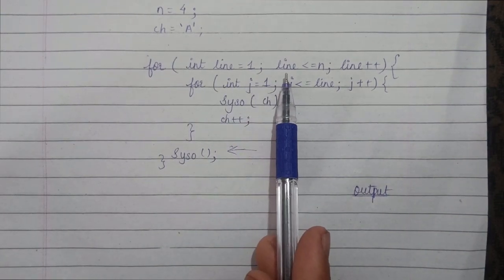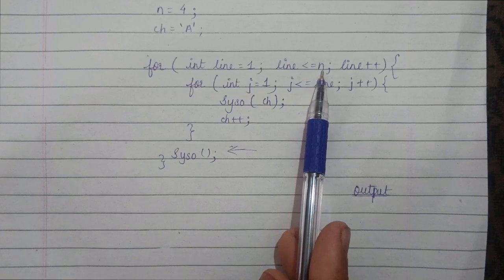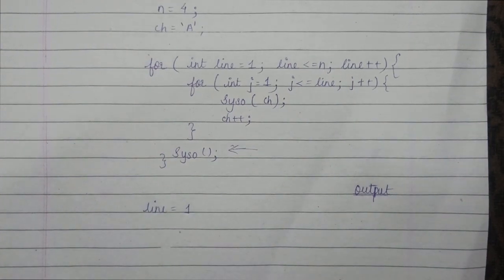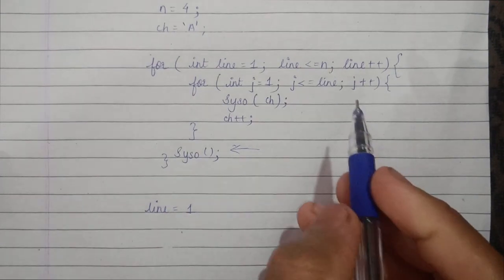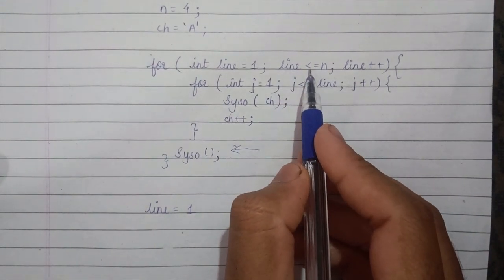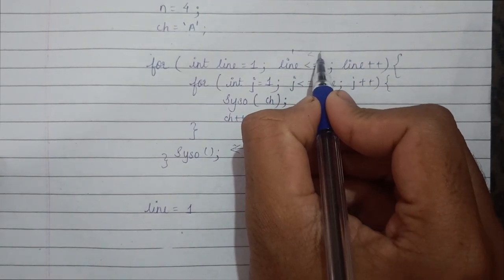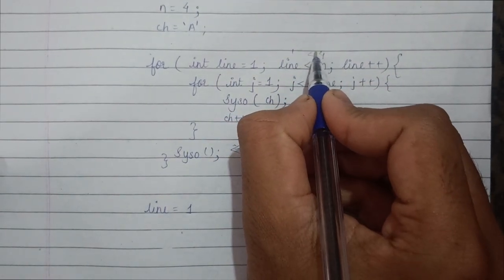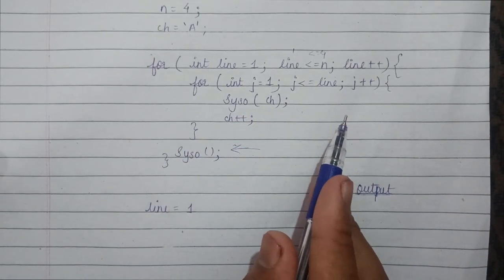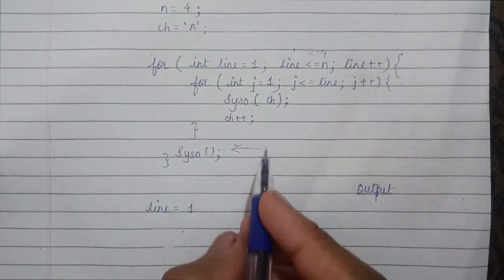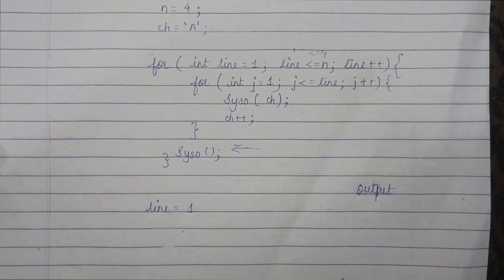Line is 1, and line should be less than or equal to n. Here it will check the condition: 1 should be less than or equal to n, which here is 4. The condition is true, so it will enter into the inner loop.